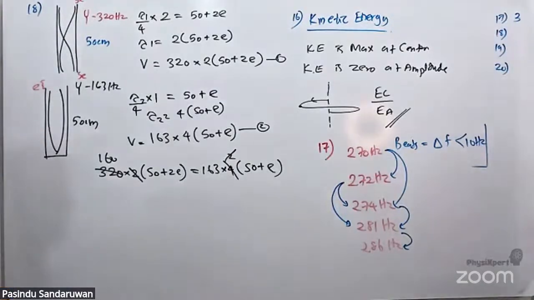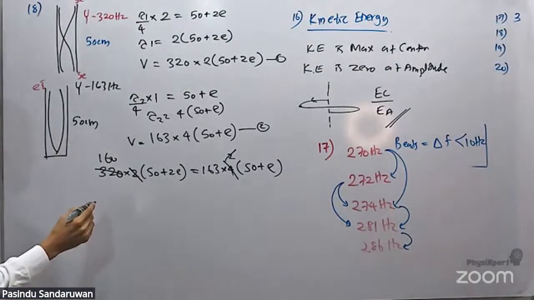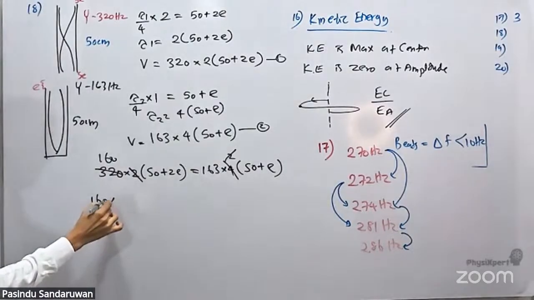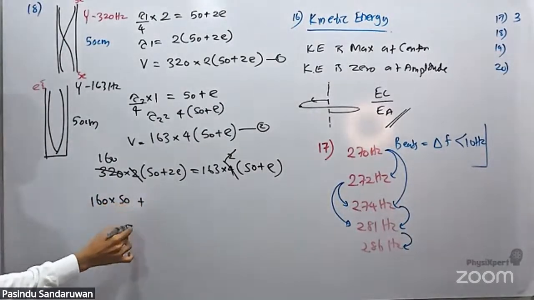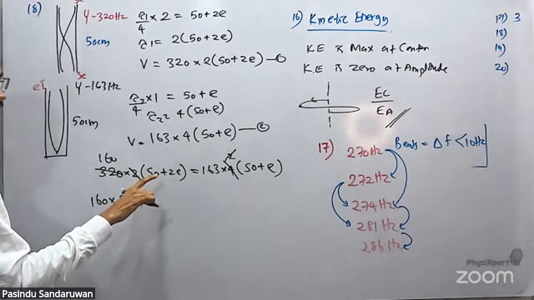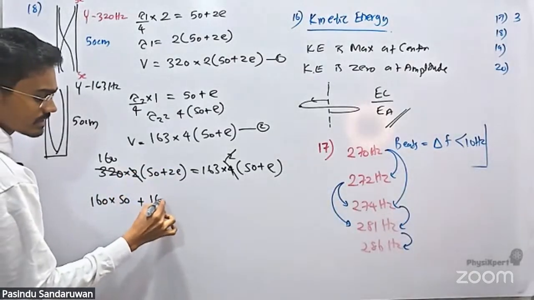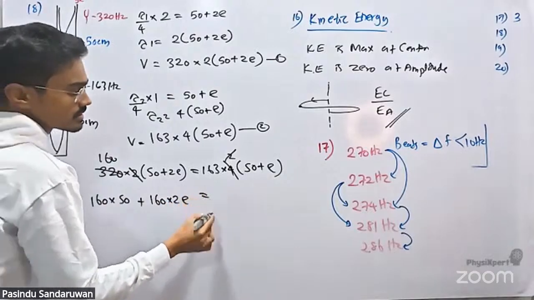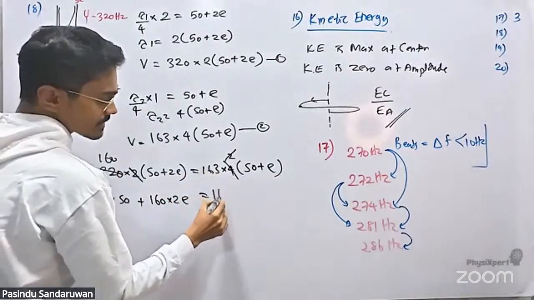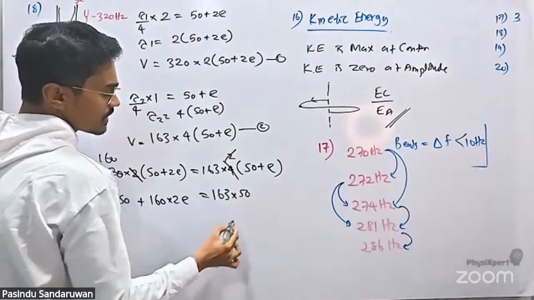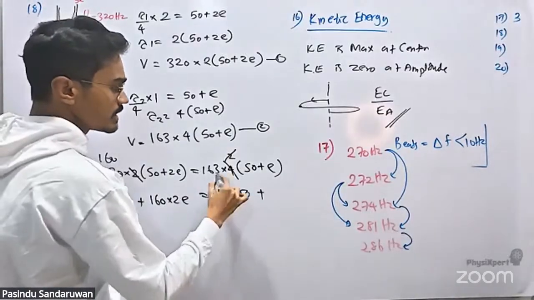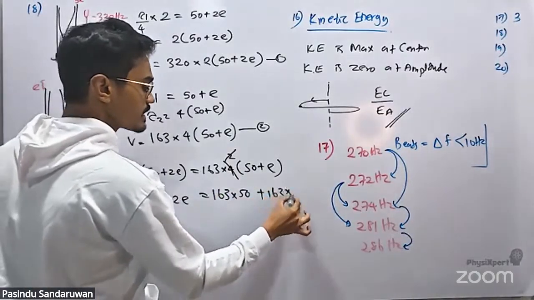Then this side 160 times 50 comes, plus here 160 times 2E comes. And the other side 163 times 50 comes, plus here 163 times E comes.